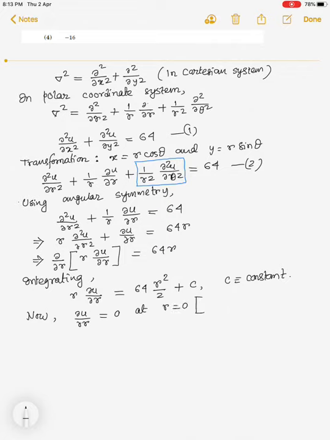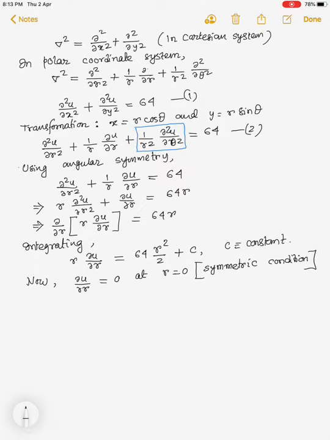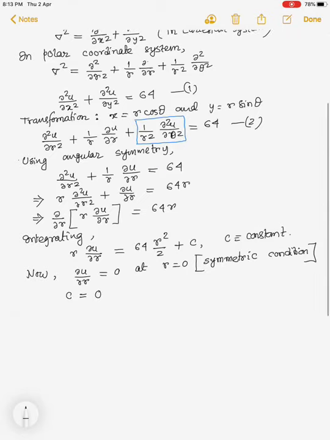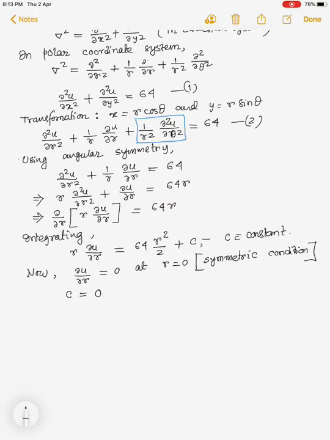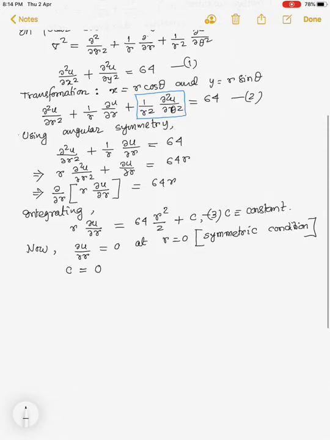This condition is known as the symmetric condition. Using this condition, we can calculate that the constant c is equal to 0.